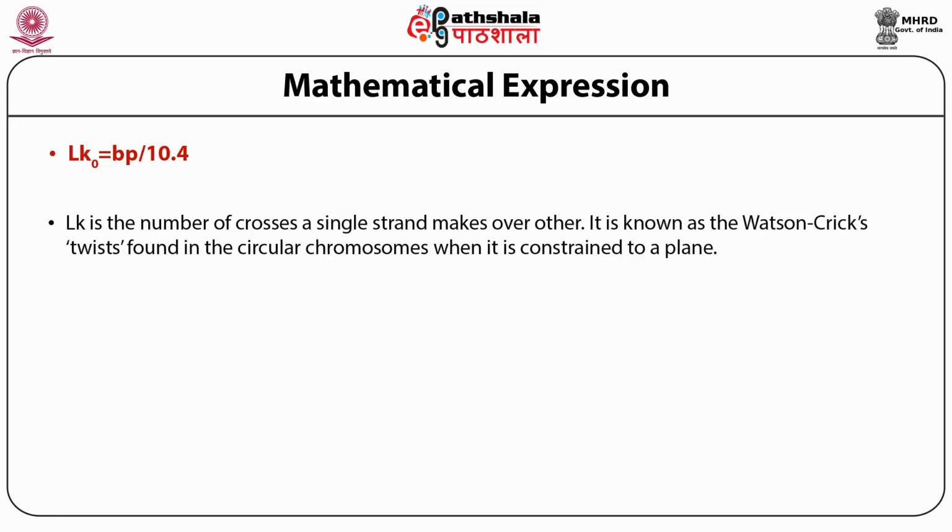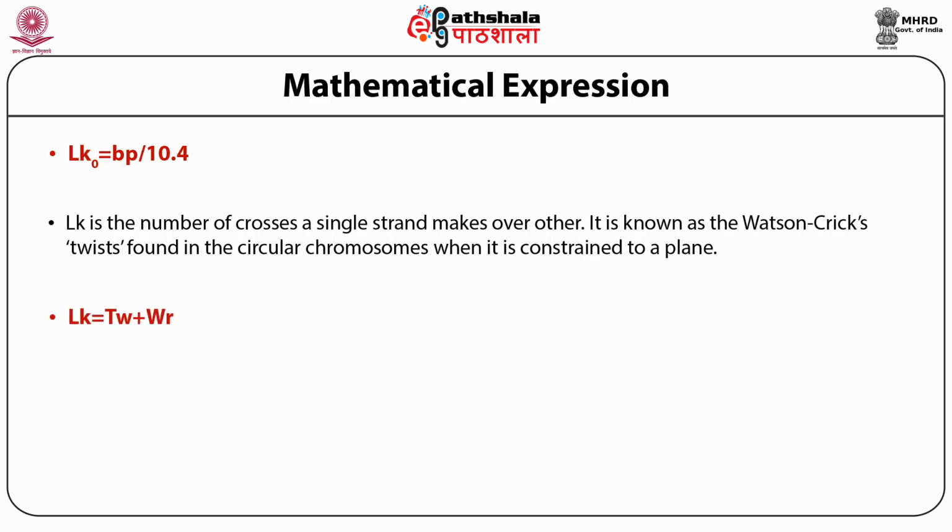Now Lk is the number of crosses a single strand makes over the other. It is known as the Watson-Crick twist found in circular chromosomes when constrained to a plane.